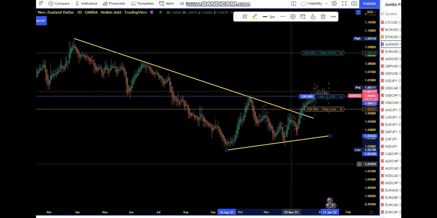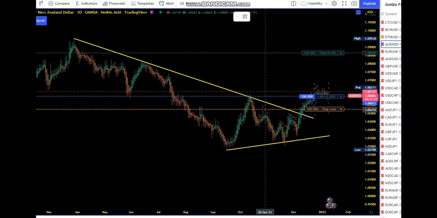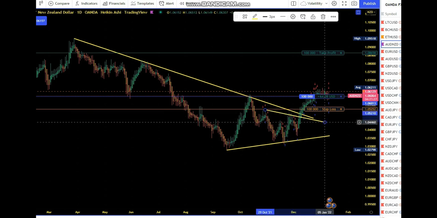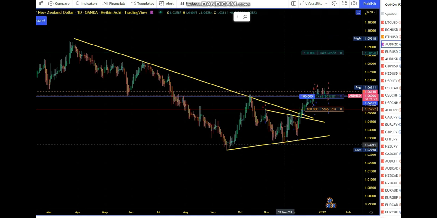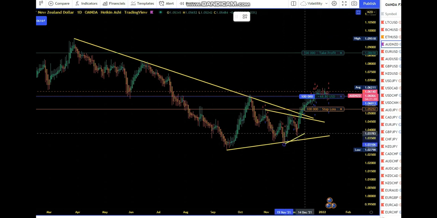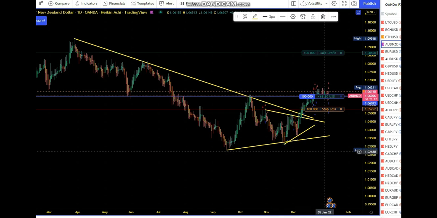So now we know possible swing highs and swing lows, and we want to decide where the market is currently and where the market will go next, right?